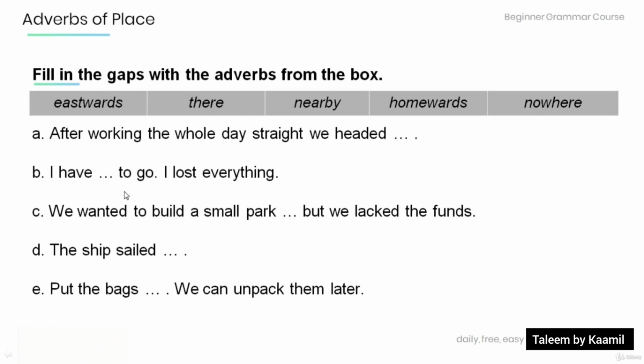B. I have to go. I lost everything. C. We wanted to build a small park, but we lacked the funds. D. The ship sailed. E. Put the bags. We can unpack them later.